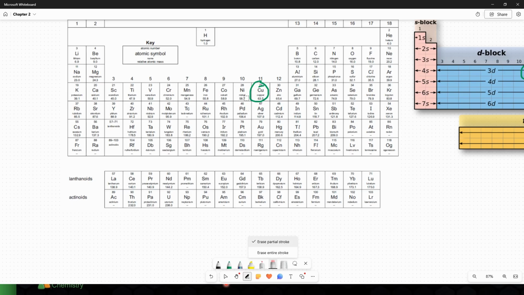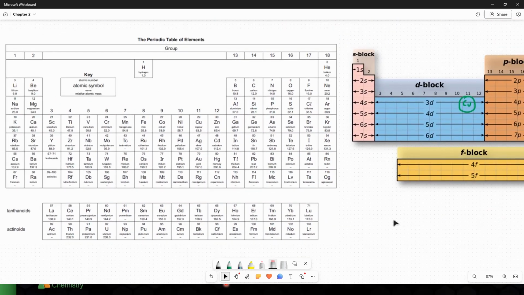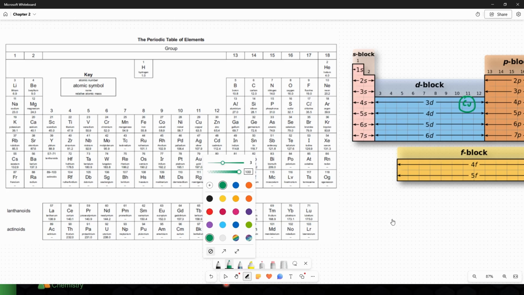If we go here, let's say we're doing silver. The abbreviation for silver is going to be very similar to that of chromium. Let's do it in this magenta color.